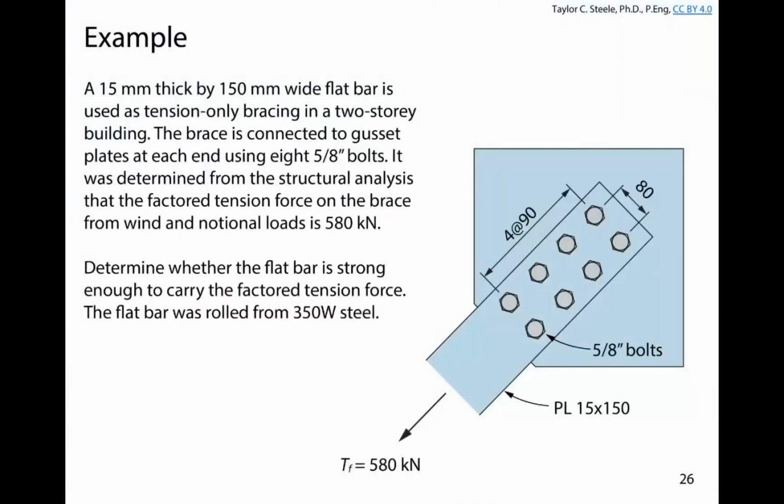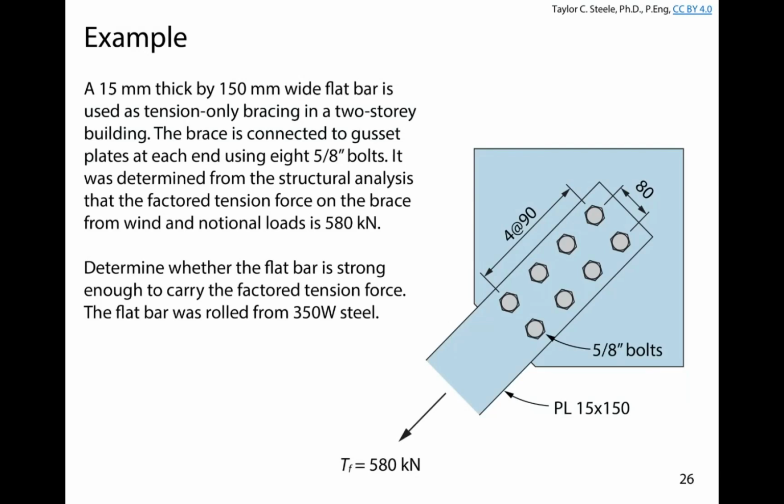The example is basically a 15 millimeter thick plate that's 150 millimeters wide. It's used as tension-only bracing in that two-story building that I showed you. The brace is connected to the gusset plate at each end using 5/8" bolts. We've got 8 of them. The spacing of the bolts looks something like this.